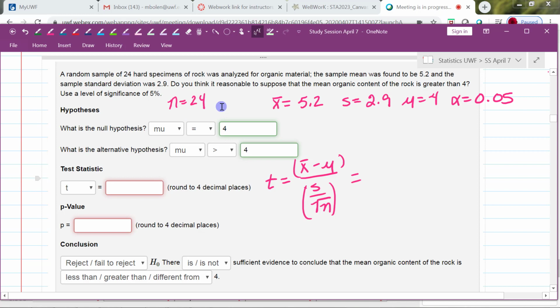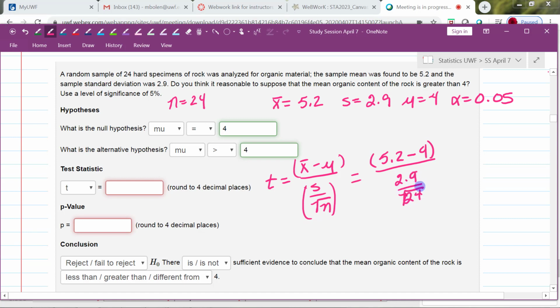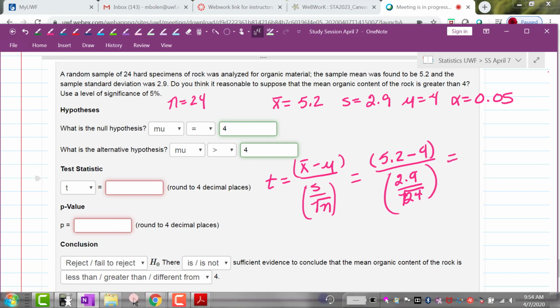So we come in here and we're going to just plug in our values. So this is going to be 5.2 minus 4 divided by standard deviation 2.9 divided by 24 under the radical. And we're going to throw this in our calculator over here.